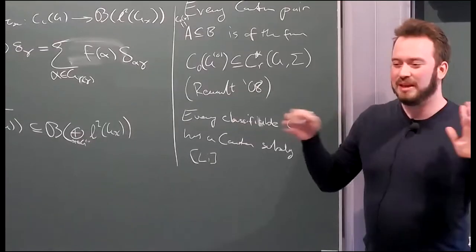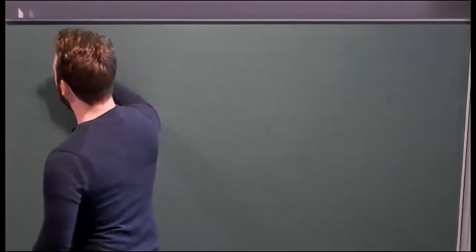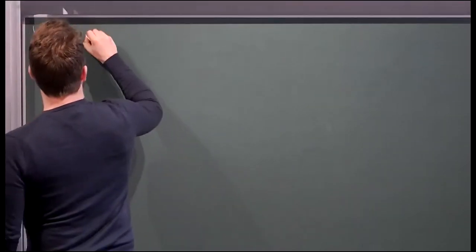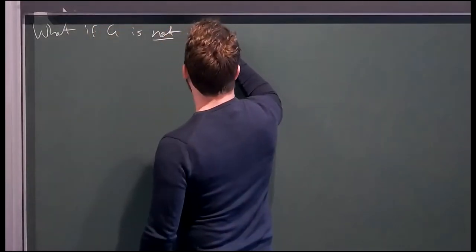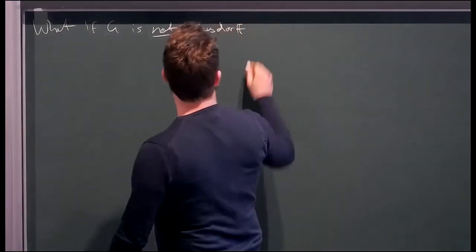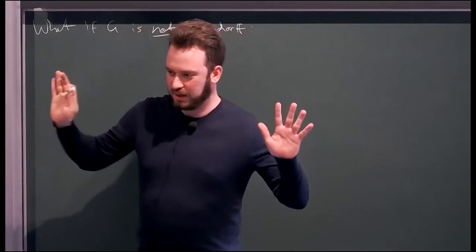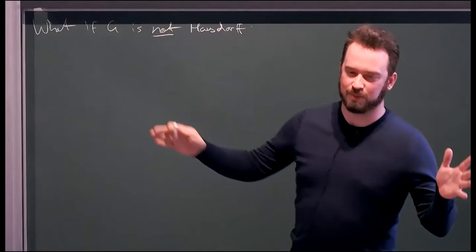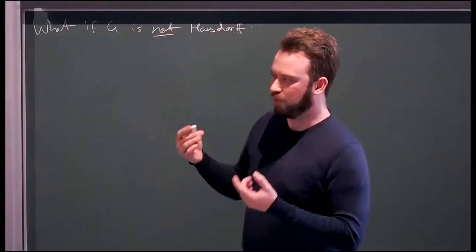So now that I've given you the nice, peaceful, idyllic version of what's going on, it's time to industrialize a little and ask the question, what if G is not Hausdorff? First things first, I can't just go completely off the rails and say I'm going for the indiscrete topology. No, because we would lose all notion of any separation of points.